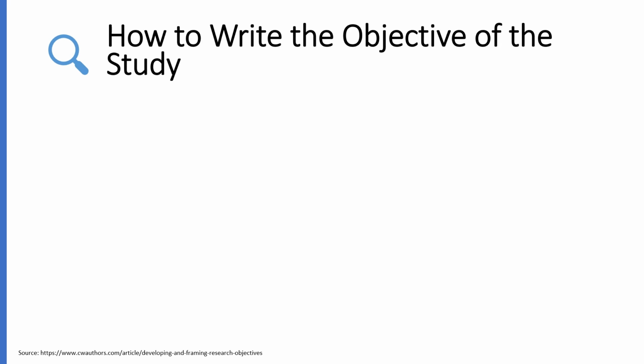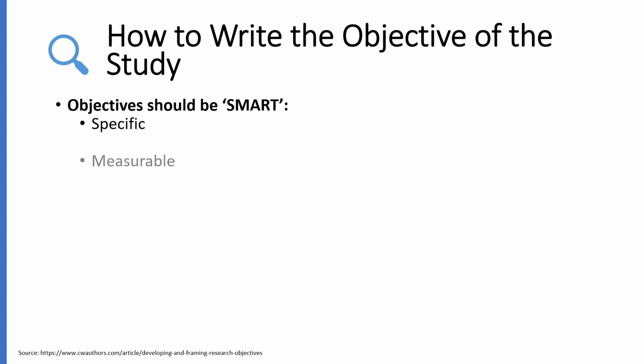In framing your research objective, you can follow the following. First, your objective should be SMART. SMART is an acronym which means specific, measurable, attainable, relevant, and time-based. So think about your objectives. Is it specific? Is it measurable? It means that there is a way by which we can quantify or qualify it.